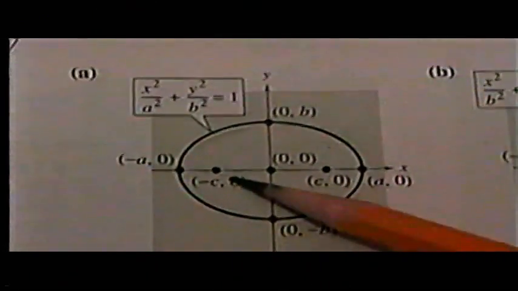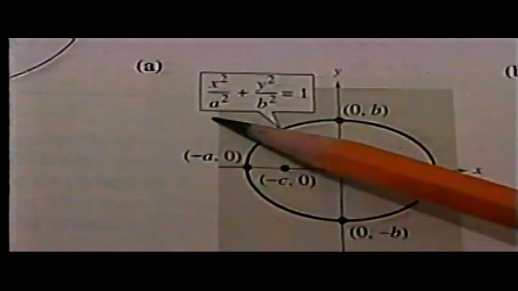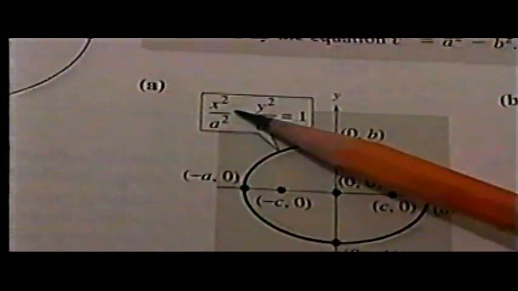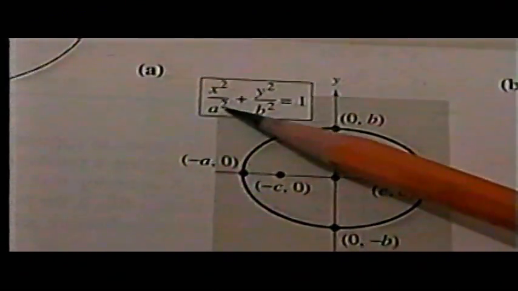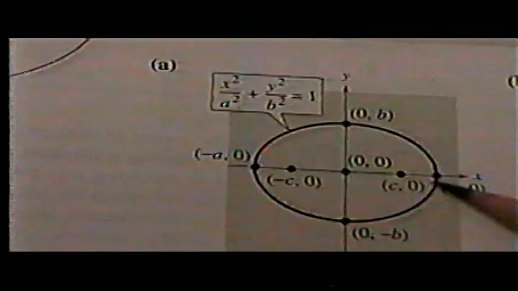Now here we have some examples showing the different parts of the ellipse and the relationship between those parts. Now in this case, the a squared is under x squared. So that means that the major axis and the major radius is on the x-axis. So as you can see here, the longer axis is on the x-axis.